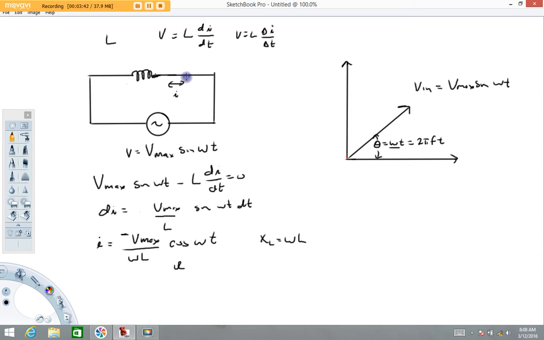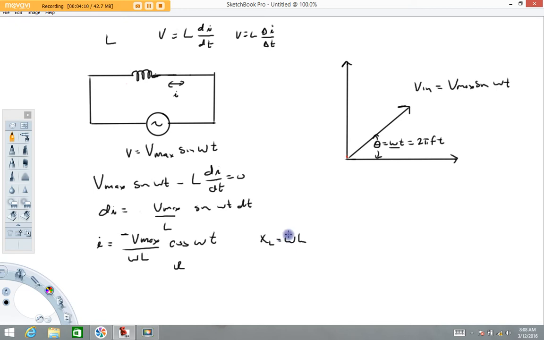If the current's changing all of the time, that gives you a relatively high voltage across the inductor, and the inductor's fighting the input voltage. Remember, inductance is analogous to mass. Mass is resistance to changes in velocity. Inductance is resistance to changes in current. High frequency means we're changing current all the time, so the inductor's fighting the circuit a lot.